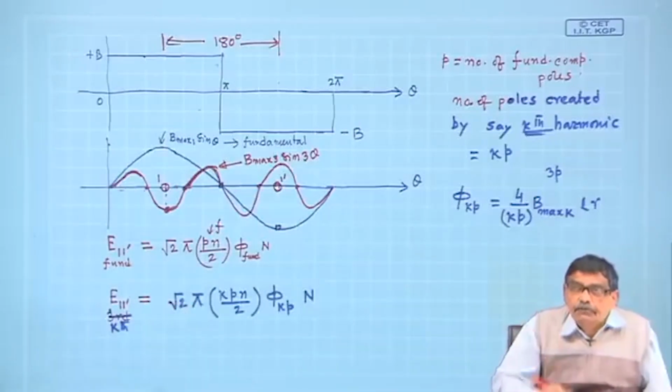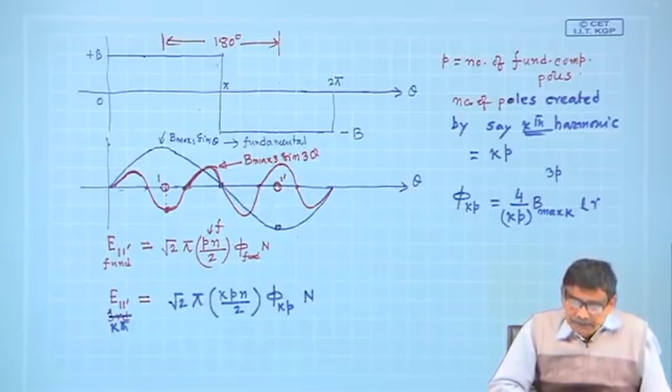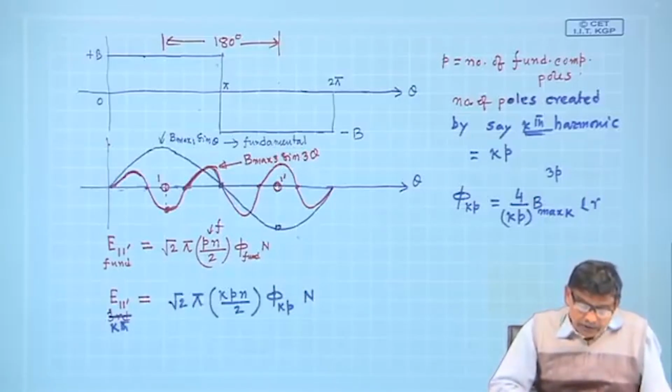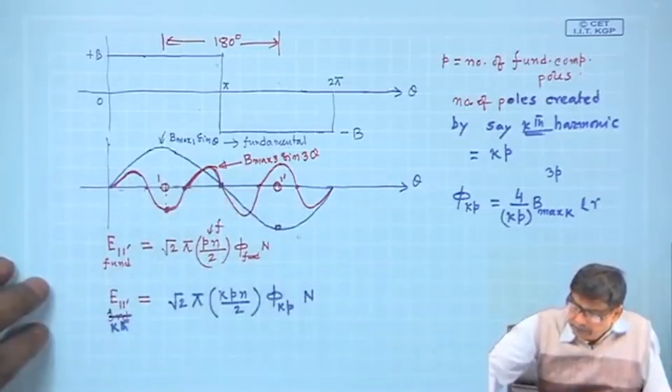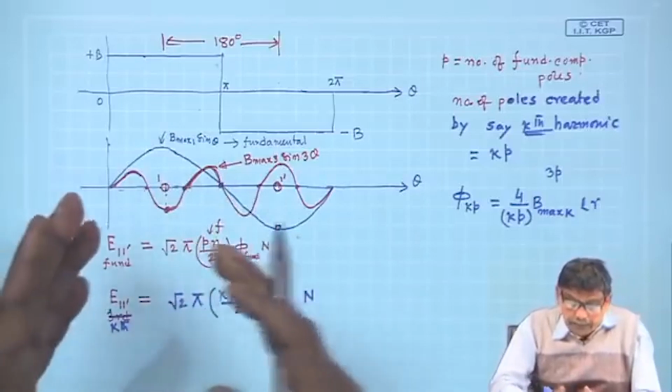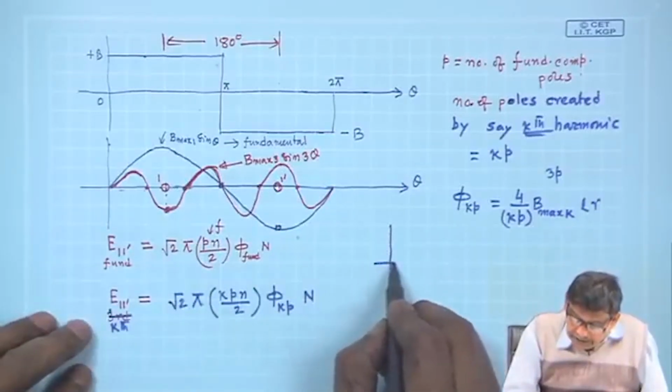If it is originally a 4 pole machine, because of the fundamental, it will become 12 poles, is it not? So that is very interesting. But in any case, as I told you, if you are using multiple coils, your B distribution may be like this.